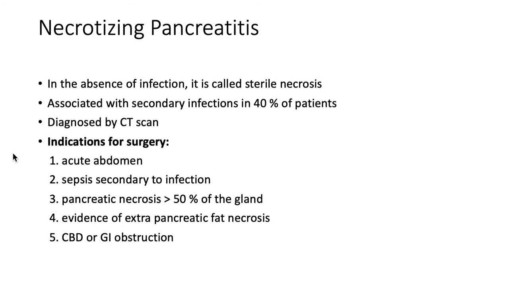However, in some cases we need to do surgery in order to remove this necrotizing tissue. And why is that? Because it becomes a site for forming infections. So when do you have to do surgery? If there are symptoms, which is acute abdomen.